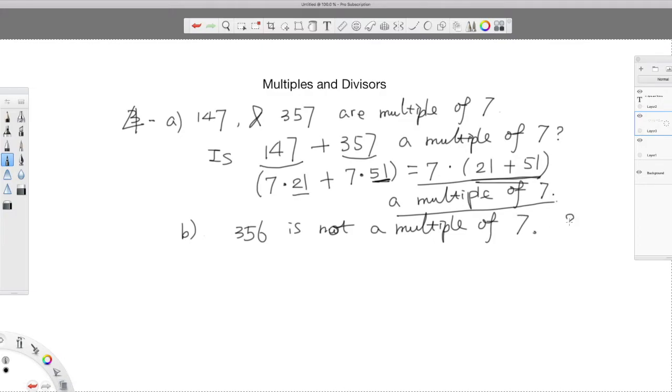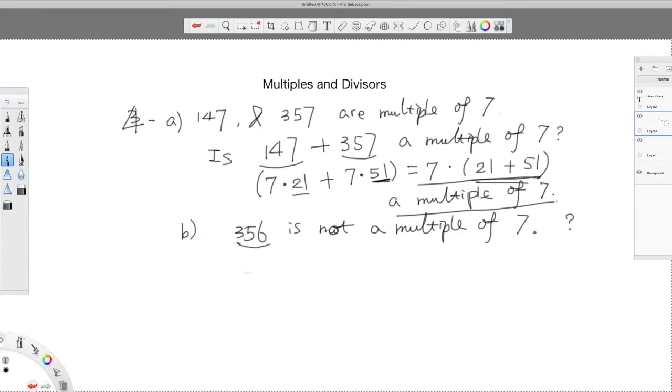Right? But why? Think for a second. Why do you say that? Because 357 is a multiple of 7 and 356 is 357 minus 1. The smaller multiple of 7 below 357 should be 350, right? So this cannot be a multiple of 7.